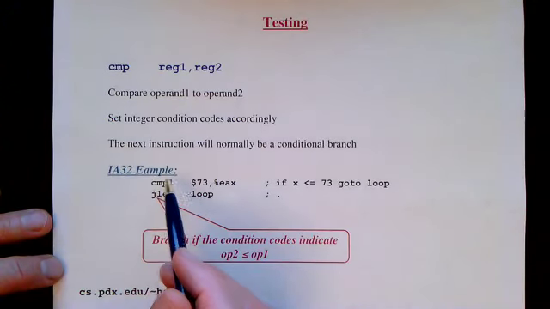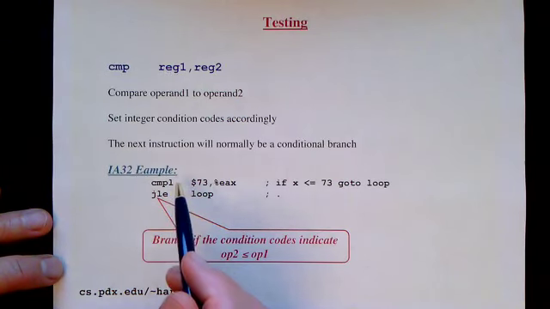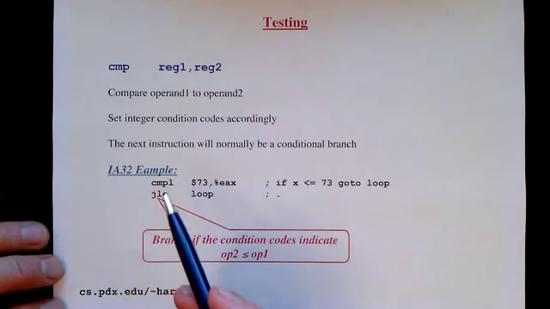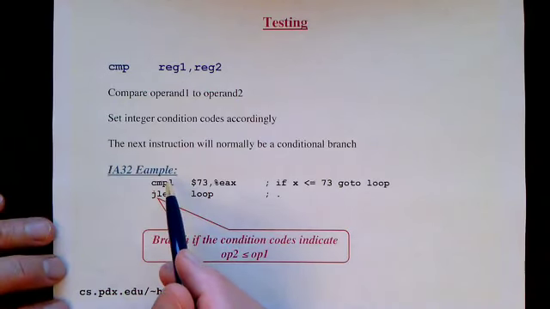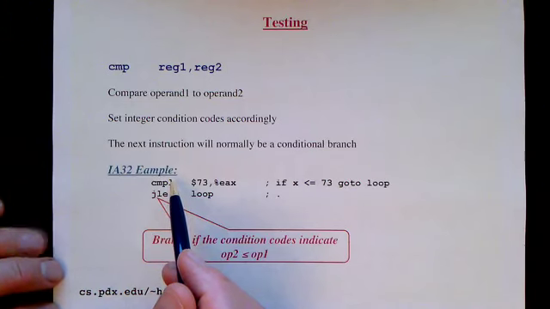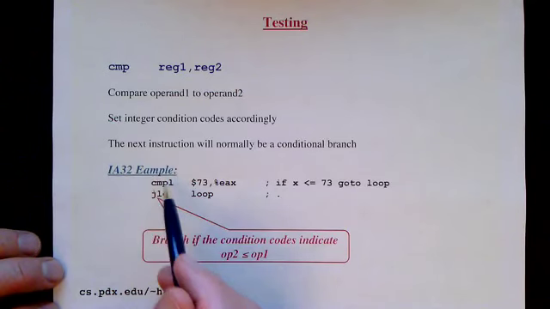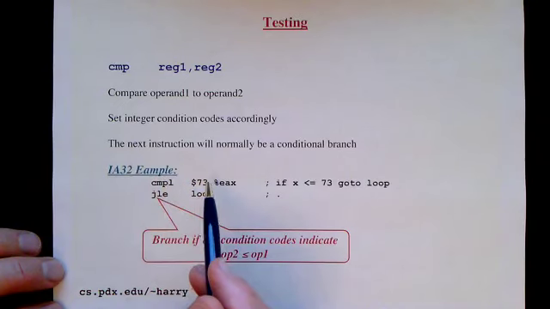The way this works is the compare operation sets some condition code bits in the processor. There are 3 or 4 bits that are set after arithmetic operations, and the compare operation is considered to be an arithmetic operation. Nothing has changed, the registers are not changed, nothing has changed except the condition code bits.